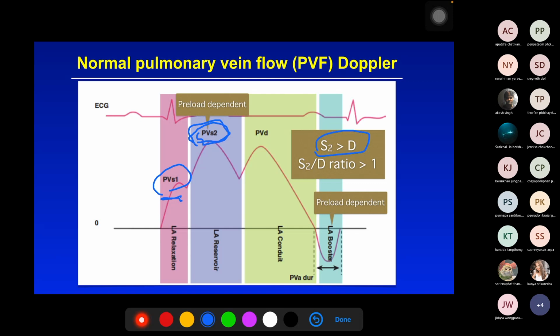Normal value, the S2 should be over D, so the S to D ratio should be over 1. In the abnormal patient, S less than D, so the S to D ratio less than 1. This is the abnormal number.